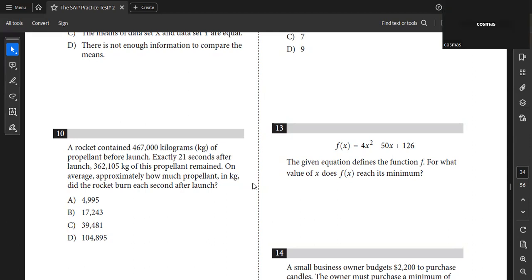Yeah, so me, I'm not really sure about this one. No problem. Respect that.